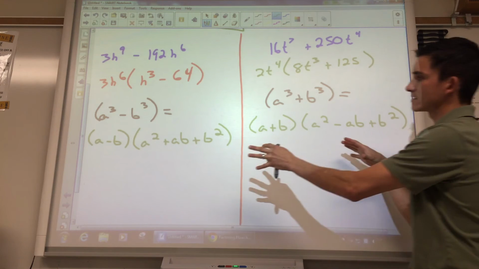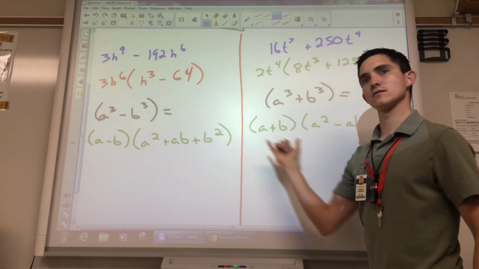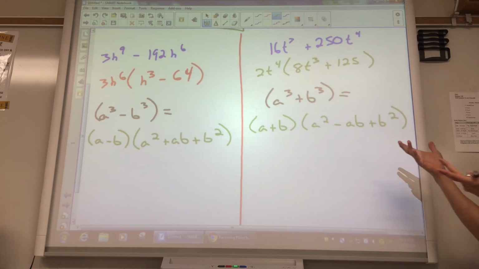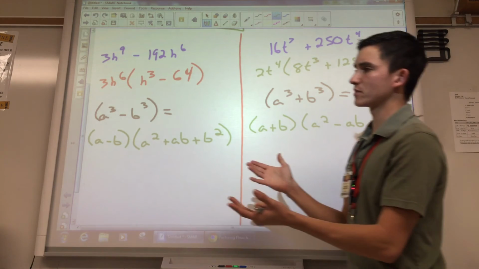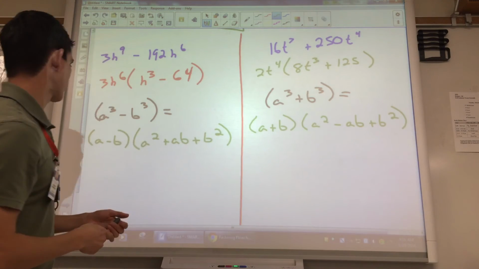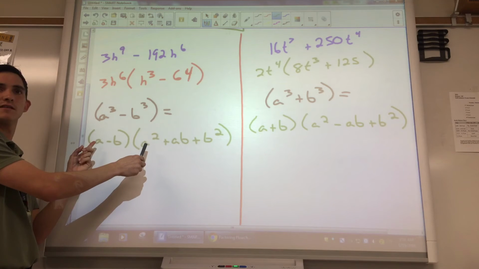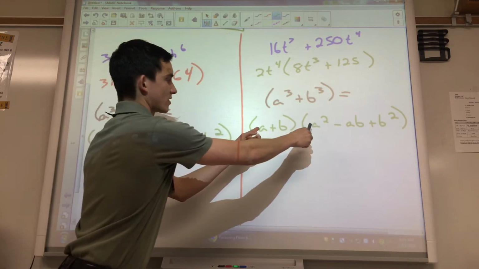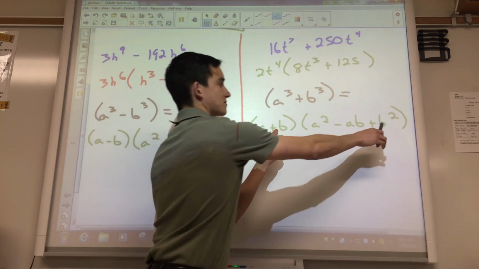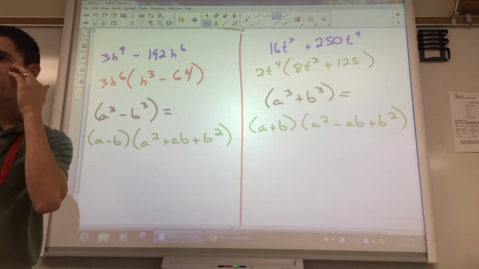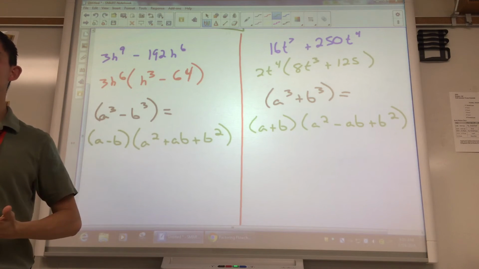Guys, before I erase this, what's an easy way to remember this? Do y'all see how they did the exact same formula both times? And when I multiply it all out, do you see where the a cubed is coming from? The a times a squared. And where's the b cubed coming from? B times b squared, right? So it's very obvious where a squared and b squared are coming from.